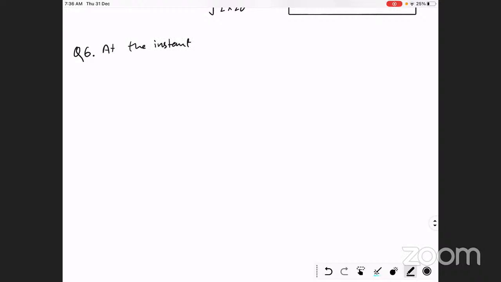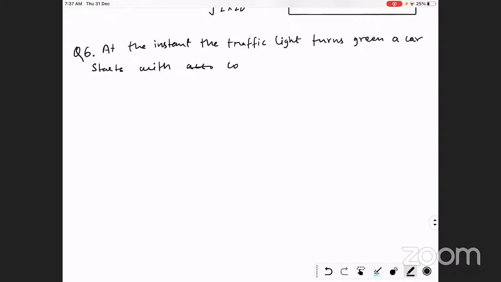At the instant the traffic light turns green, a car starts with constant acceleration of 2 meter per second square.